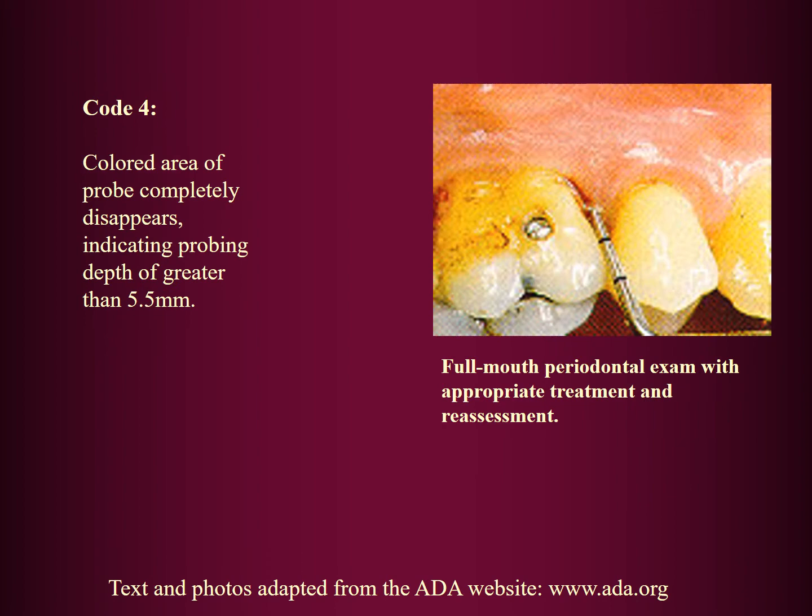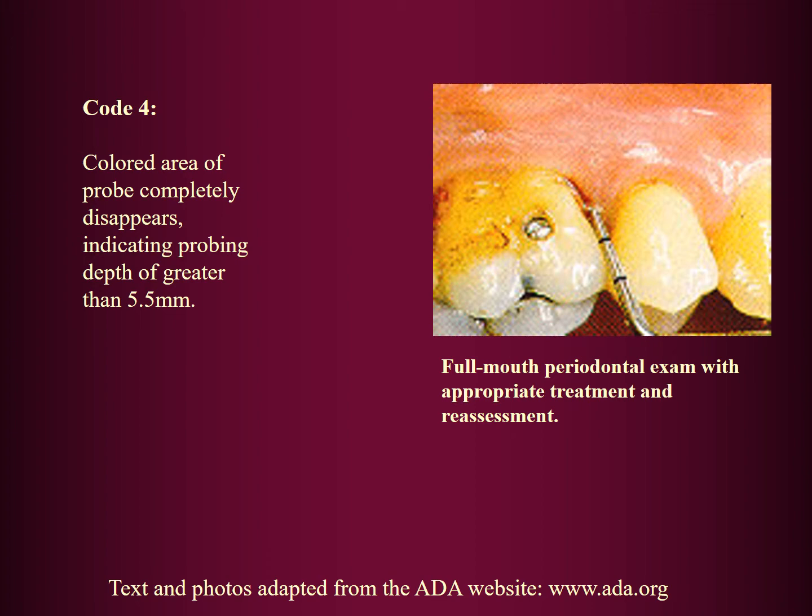Now a code 4 indicates that the colored area of the probe completely disappears under the gingival margin, which means that the pocket depth now is greater than 5.5 millimeters. So in this case, a full mouth periodontal exam is required, and treatment obviously is going to be necessary because the pocketing is deeper than what would be manageable by general oral hygiene instruction, and probably by simple scaling and root planing.